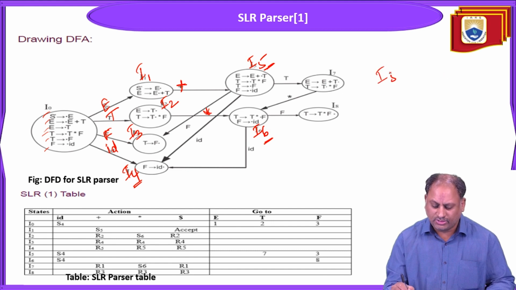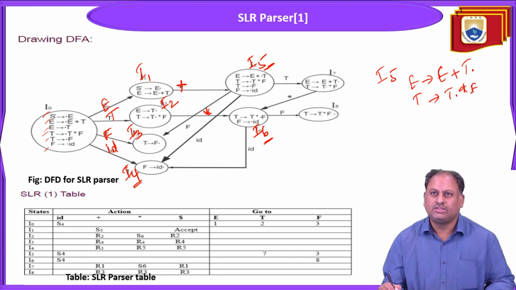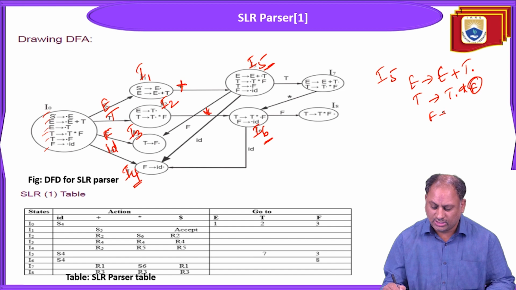Here in I5, we have E derives E plus dot T. After the closure operation, we get E derives E plus T dot. Similarly, T derives T star F, and after moving the dot symbol, T dot star F. Now, if you consider the non-terminal F, we have to include the F transitions also, as F derives ID.